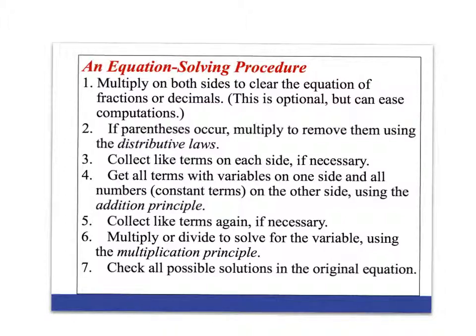Get all terms with variables on one side and all numbers, what we consider the constant terms, on the other side. Using the addition principle, collect like terms again if necessary. Multiply or divide to solve the equation using the multiplication principle, and then check all possible solutions in the original equation.